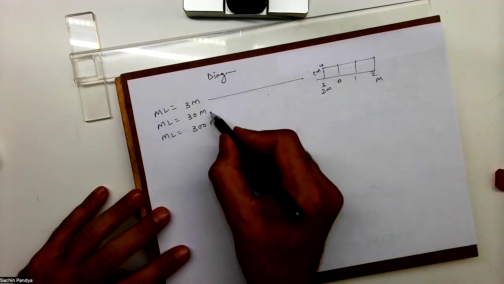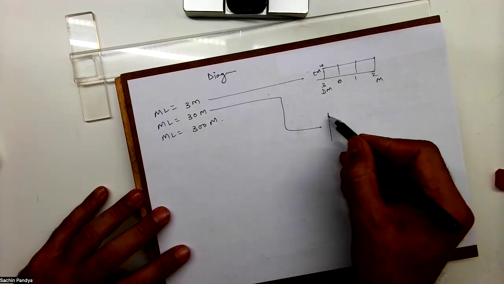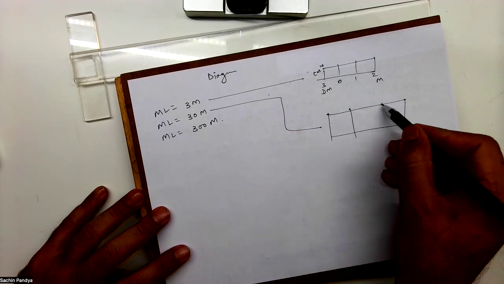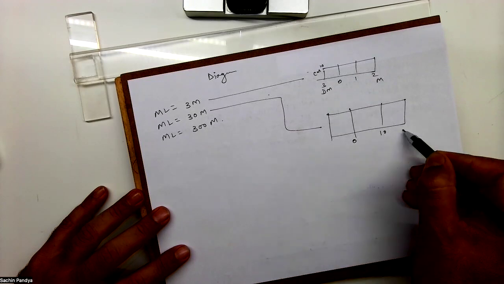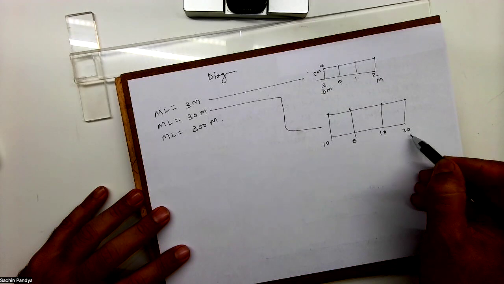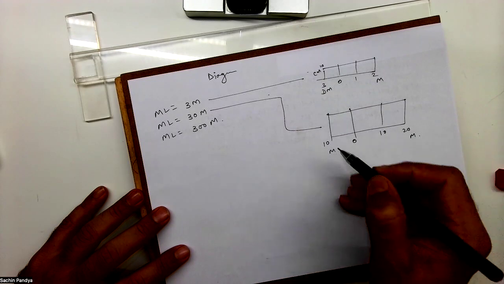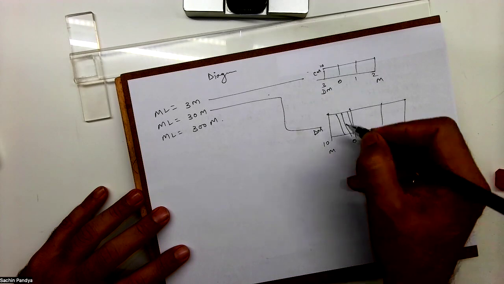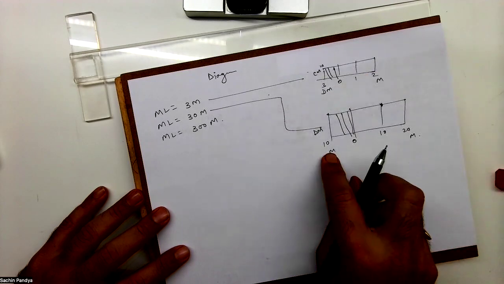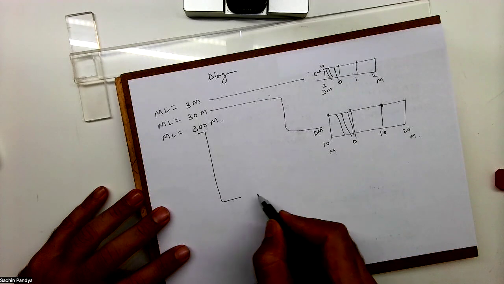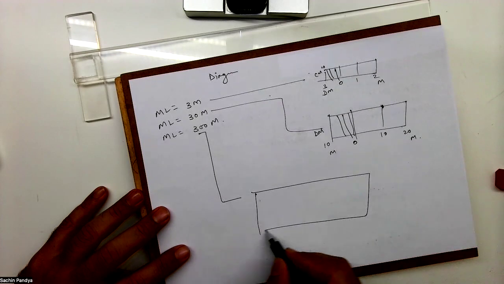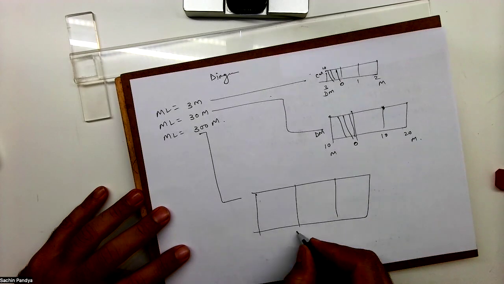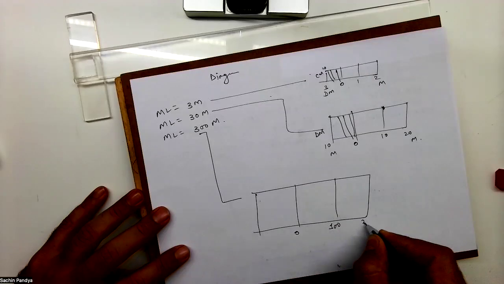When you have 30 meter, what you will do? 0, 10, 20, 30. So this is meter, and this will be decimeter. Got it? And when you have 300 meter, what you will do? You'll write 0, 100, 200.